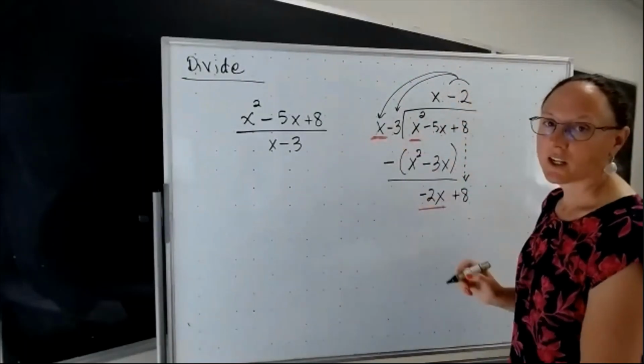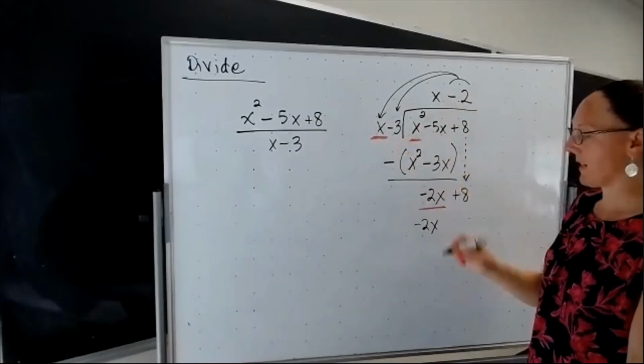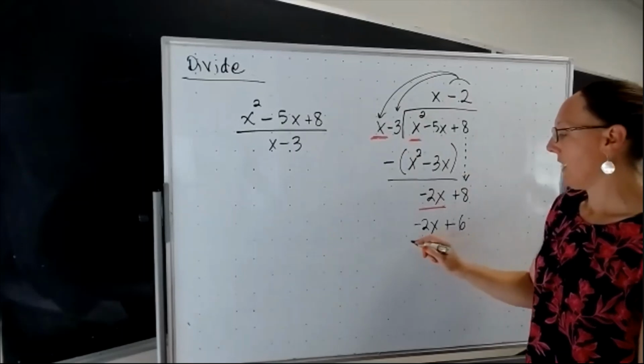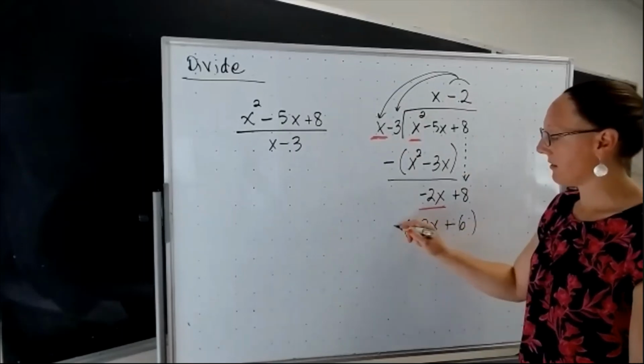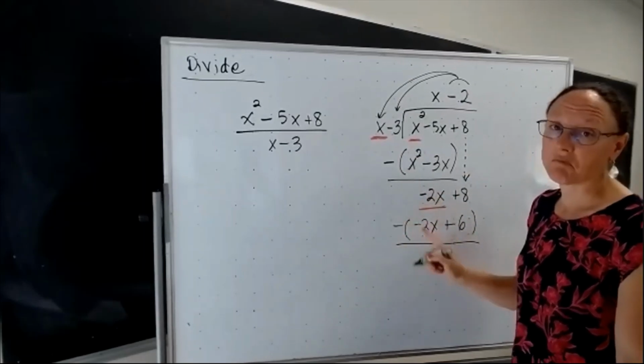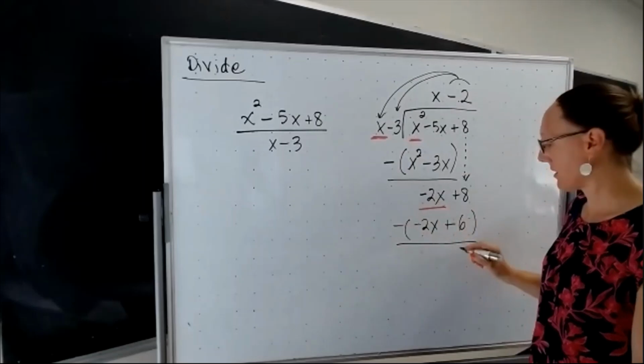So -2 times x would give me -2x. And -2 times -3 gives me +6. I'm going to subtract the whole thing. Well, -2x minus -2x, that's 0. And 8 minus 6 is 2.